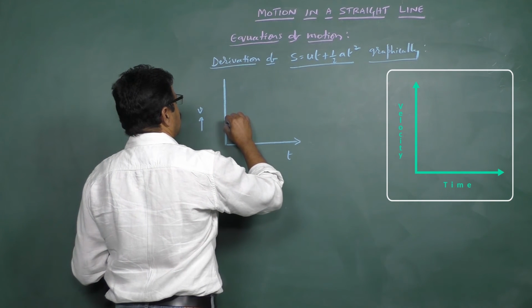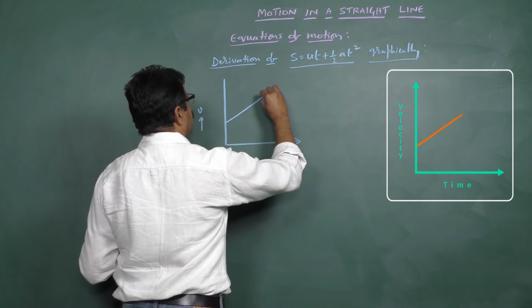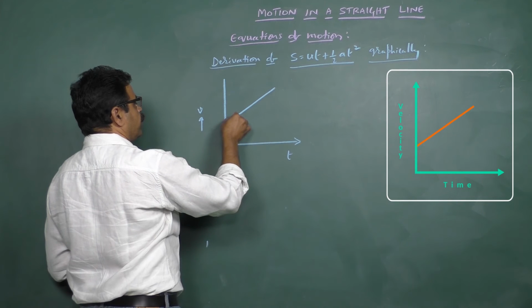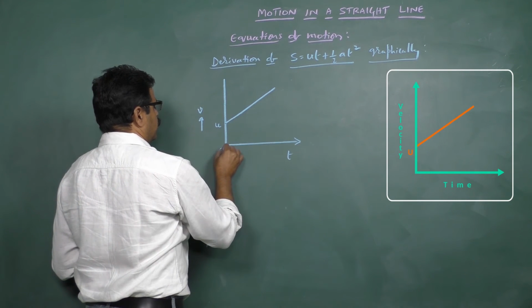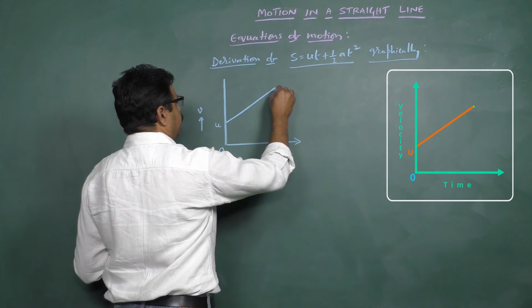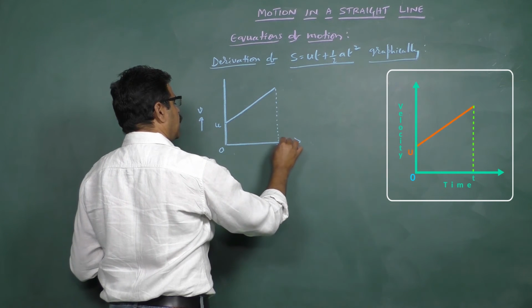Here we are supposing that a body is moving with an initial velocity u and reaching a final velocity v after some time. Now here it is the 0 instant of time, and at time t it is reaching some other point. So this is after time t.